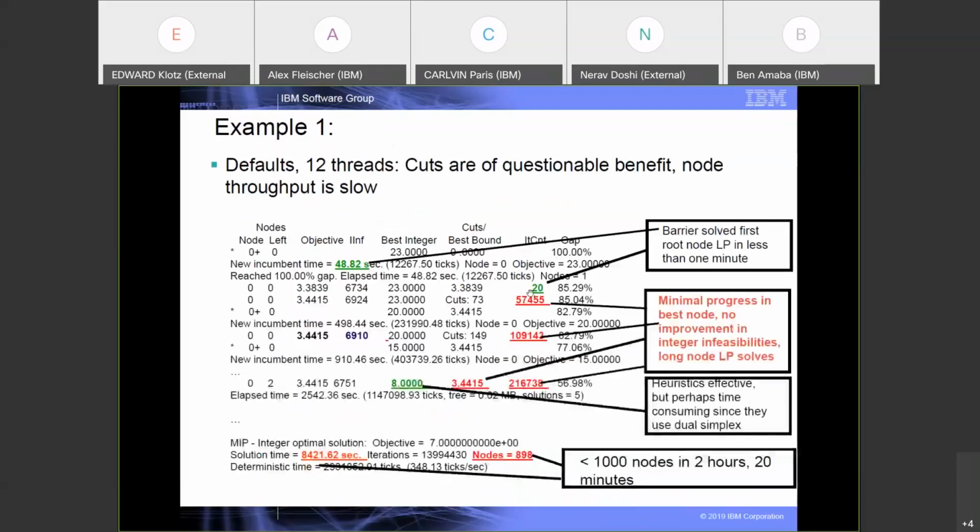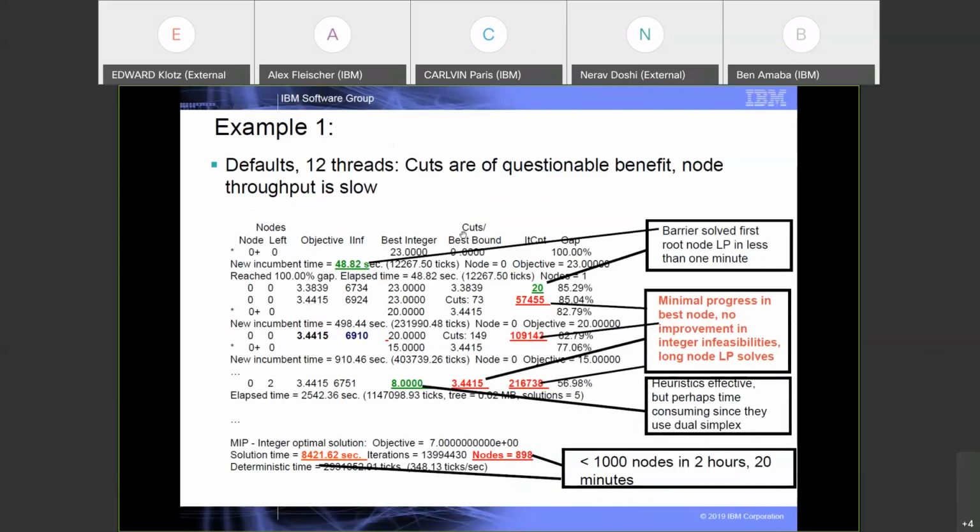If we look at the default node log, we see a lot of opportunities for improvement. First of all, going down to the bottom, we see that it took almost 2.5 hours to solve this model of modest size, despite generating less than 1,000 nodes.